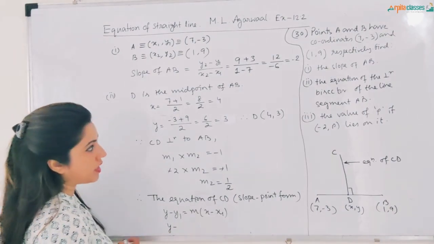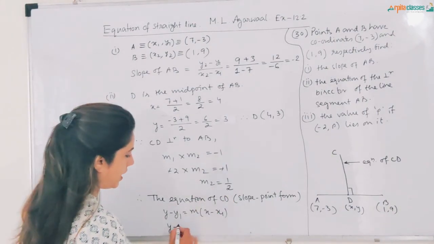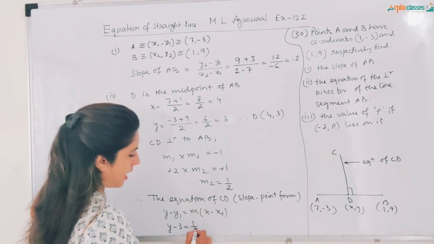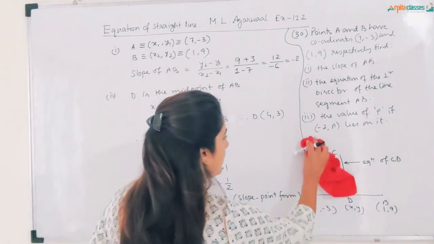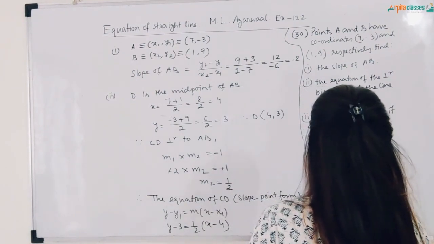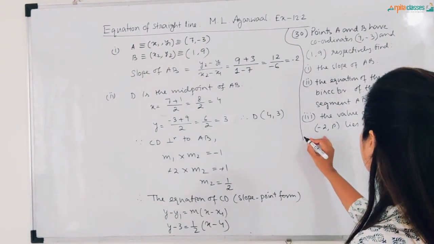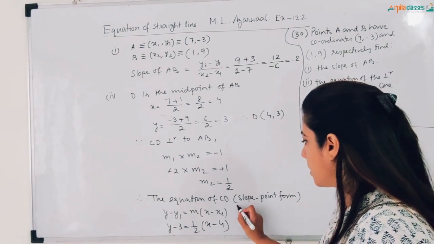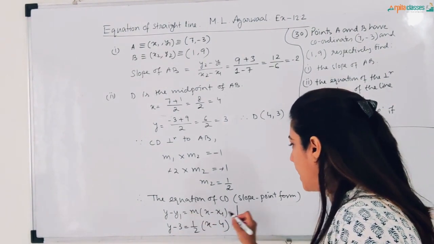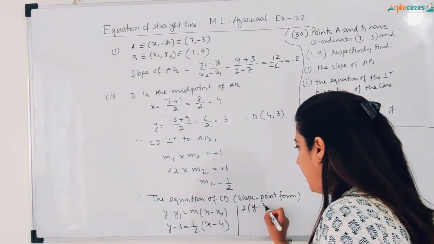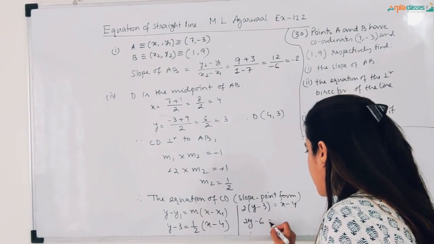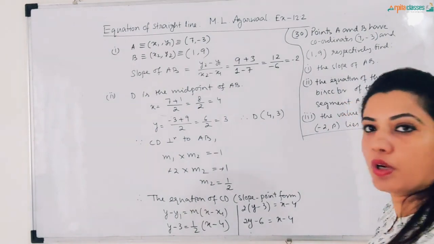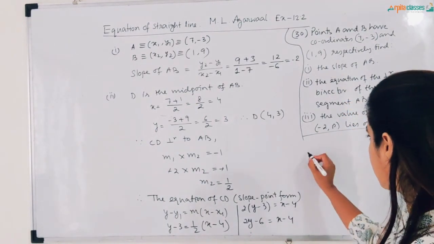So y minus y1, which is 3, is equal to m, that's half, whole into (x minus x1, which is 4). Yeah, so let us solve this now. 2 goes that side. 2 whole into (y minus 3) is equal to x minus 4. 2y minus 6 is equal to x minus 4.